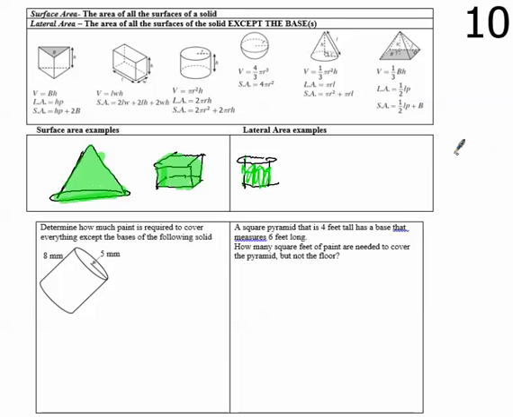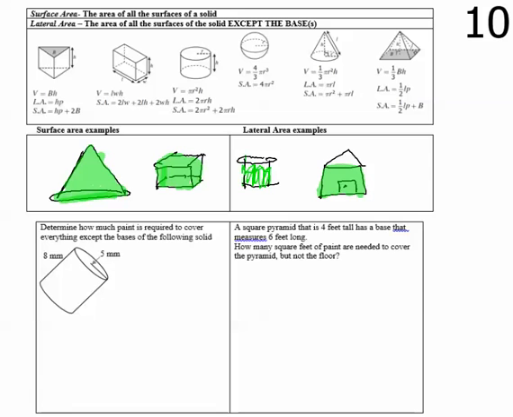Or maybe let's talk about painting again. Maybe you have your house, and here's your door, and then you have your roof. If you were painting your house, you wouldn't paint the roof, right? You've got shingles or whatever on top of the roof, and you certainly wouldn't paint the bottom. That's going to be underground.